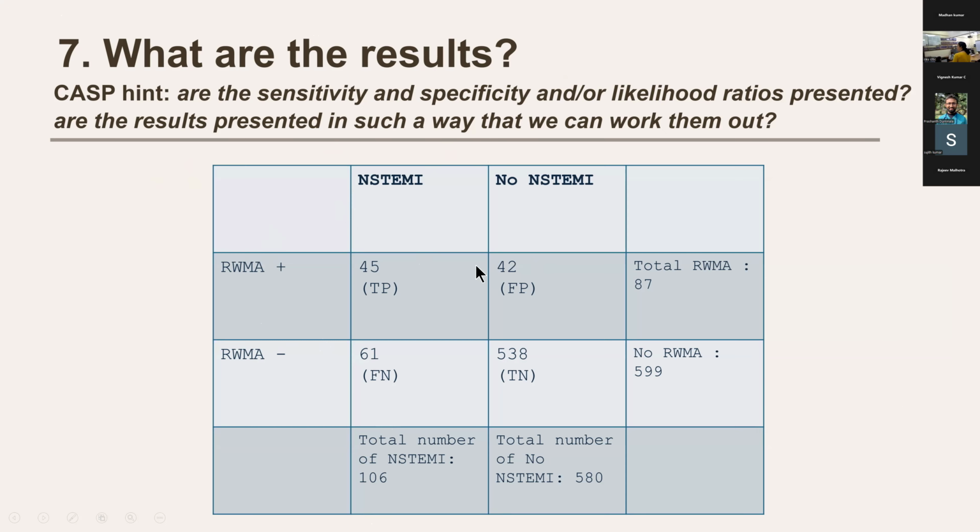This group where there's no NSTEMI, but the test was positive, so it's falsely positive. In this group, the disease is present, but the test was negative, so it's falsely negative. And here you have no NSTEMI, test also negative. So that is your true negative group. These are important points because subsequently we'll be discussing each of these.